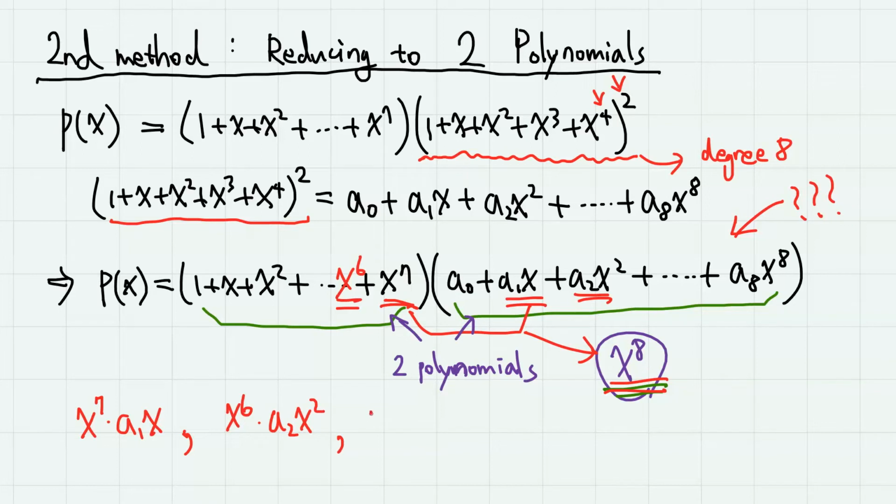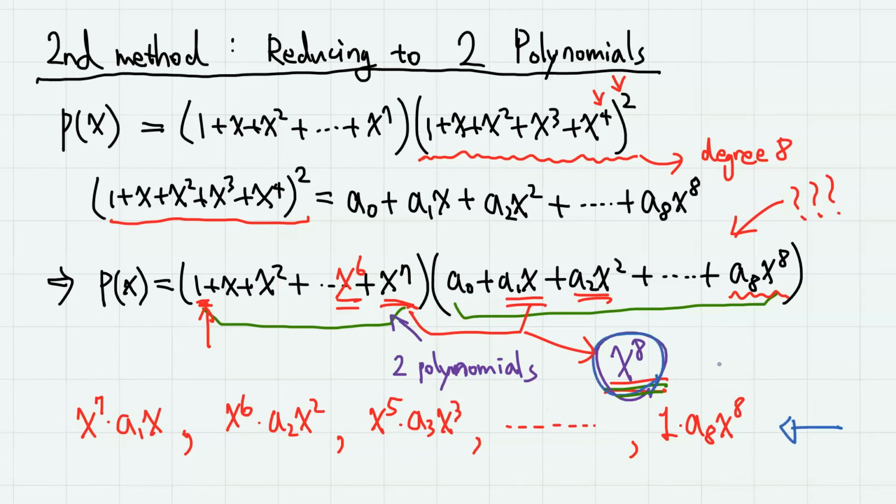The next choice is x to the power of 5 and a3x cubed, all the way to the final case, which is choosing 1 here, and then we have to choose this term, a8 x to the power of 8. So these are all of the possible choices that give x to the power of 8 terms.